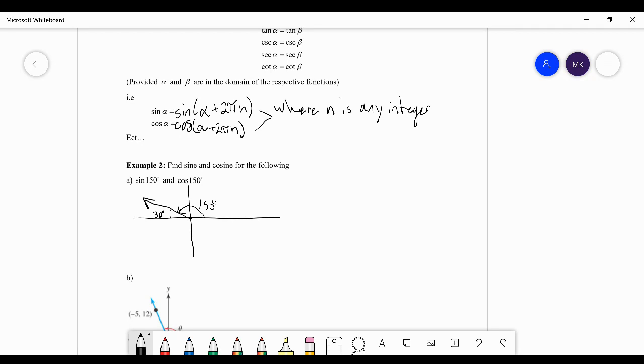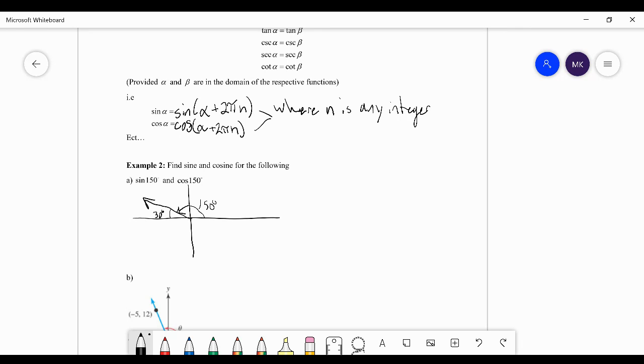That would be in the last lecture. We created that table with special triangles.